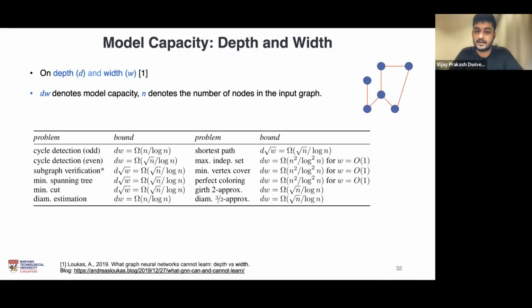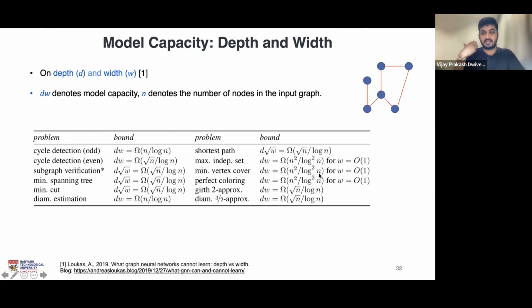The details are not possible to cover in this lecture, but you can refer to this paper on what GNNs can and cannot learn, and for the discussion and derivations on depth and width. There is also a very good blog on the paper, which is easily accessible and where all these different things are discussed. The important thing to note here is that the model capacity always corresponds to the number of nodes in the graph.